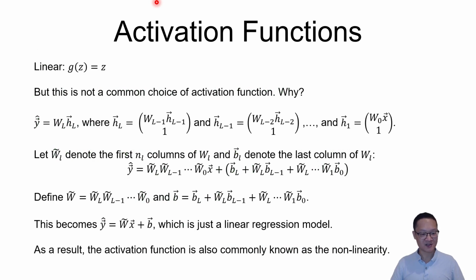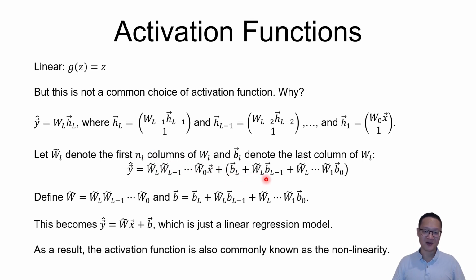The activation functions are known as the non-linearity. On the slides here, I've written explicitly the ones and also the biases, but the idea is the same. If you multiply everything out carefully, you can try this as an exercise. You will get the same term that we had, a bunch of w's multiplying x, and then plus a bunch of bias terms.